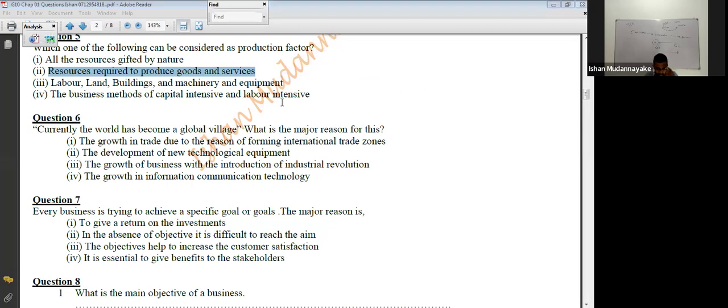Look at question number 6. What's the answer for question number 6? Yes, Dhanuja, correct. No, Abdullah. Yes, Dhanuja, right. No, Suvani.